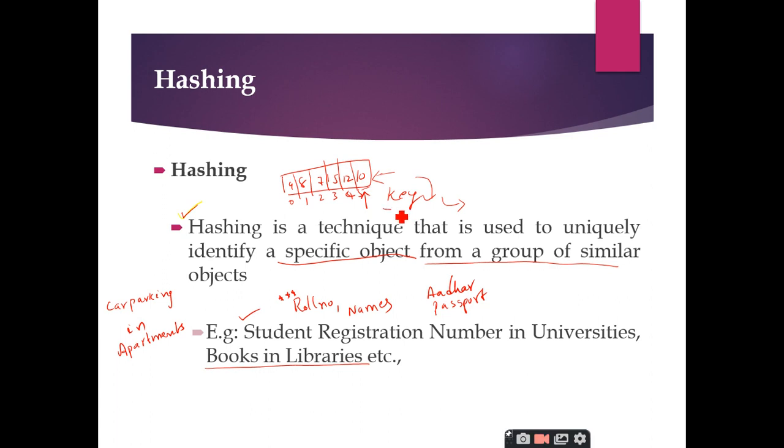Why? Because you have the key at your hands. You make use of this key, directly go to that element and then do the deletion. So this is the difference between a normal deletion operation that involves searching and a deletion operation that does not. Is it clear?